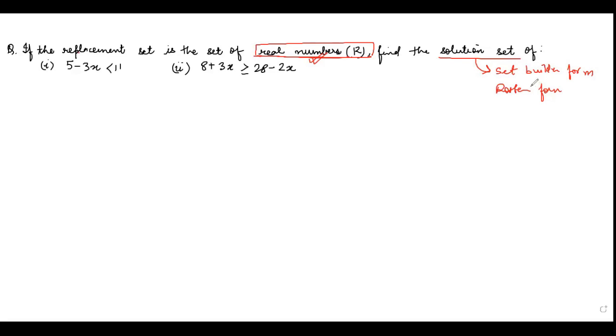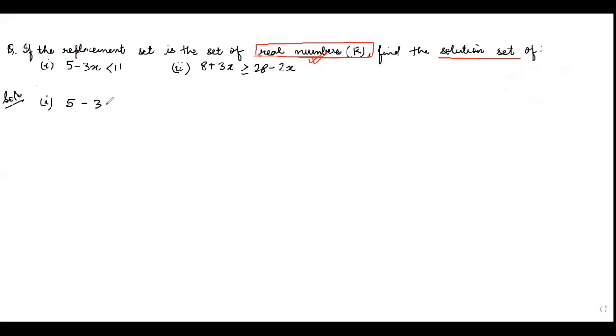So if you have doubt in that, if you have not watched that part, what is set builder form, what is roster form of solution set, watch lecture 2, I have explained it clearly there. So one thing is very clear over here, that we cannot use roster form, because our replacement set is real numbers. And otherwise everything is same. We will be solving exactly in the same way as we did it for the previous questions.